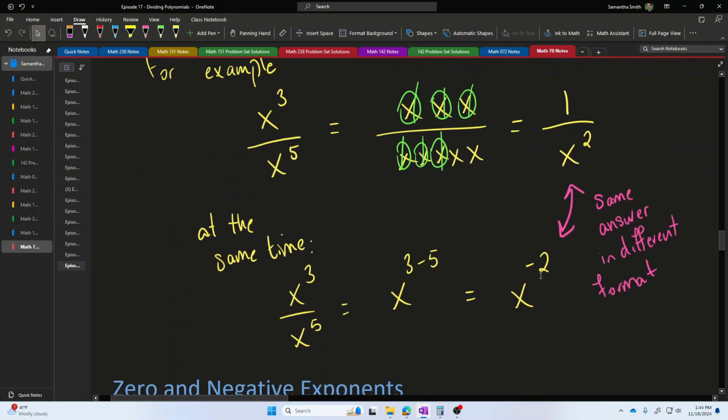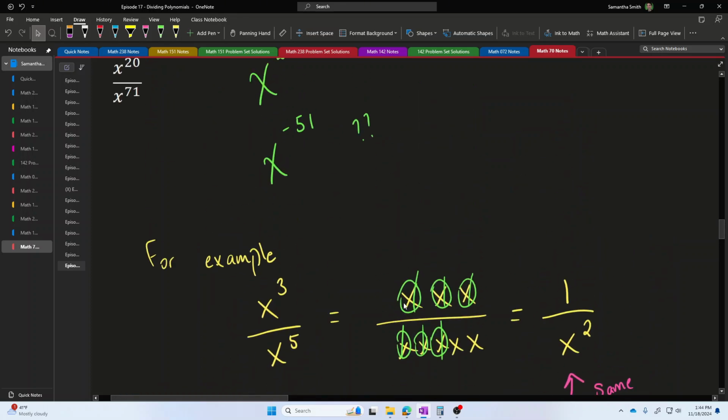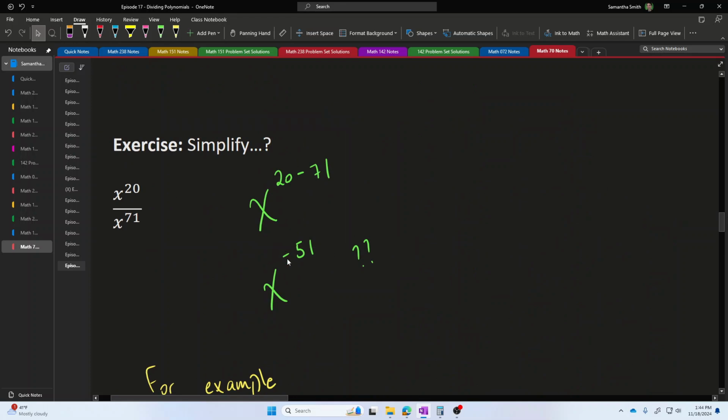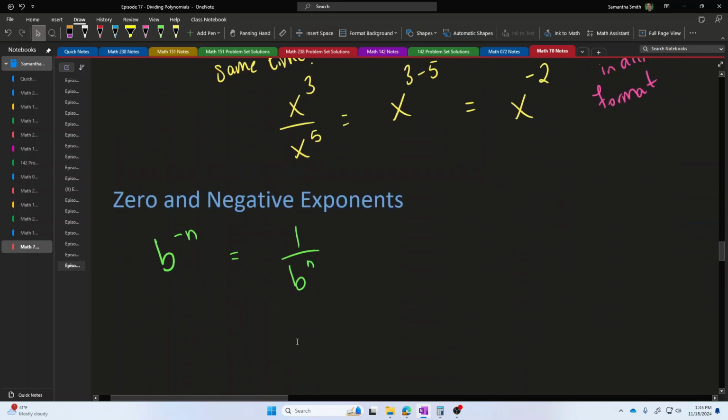In the same way that x to the power minus 2 is the same as 1 over x squared, x to the power negative 51 would be the same thing as 1 over x to the power 51. 51 copies of x multiplied together in the denominator of a fraction. So this is how we make sense of negative exponents. Negative exponents have the effect of applying a reciprocal.